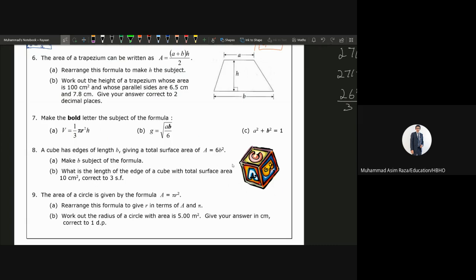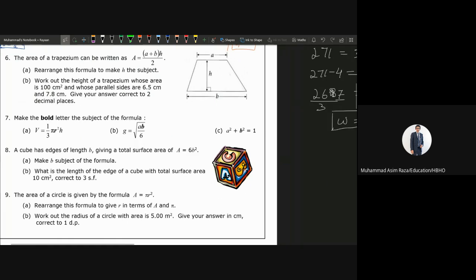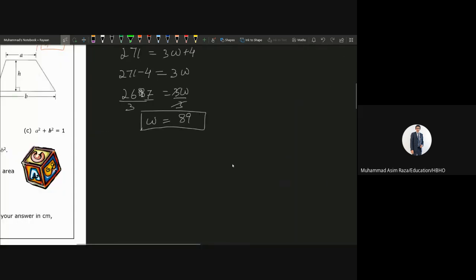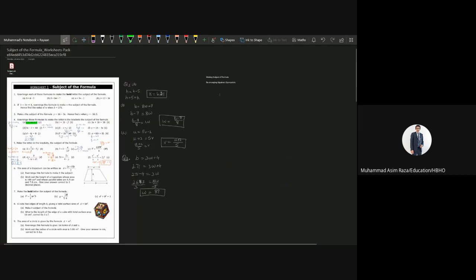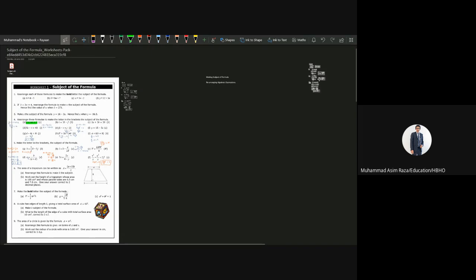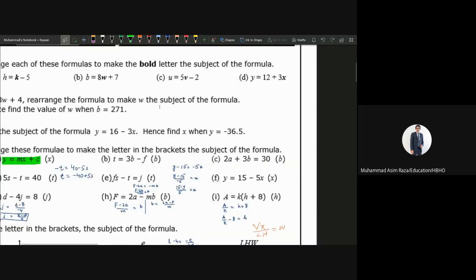So this is question number 6, part A. First of all, let's write down the formula: A is equal to (a plus b) into h over 2.